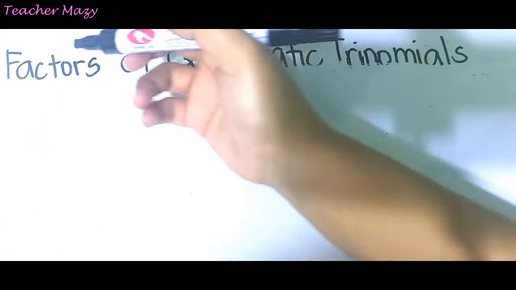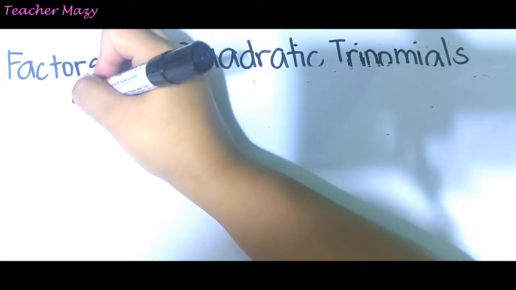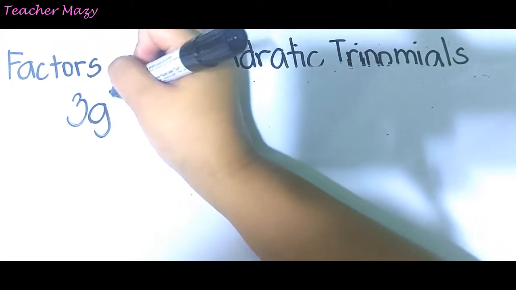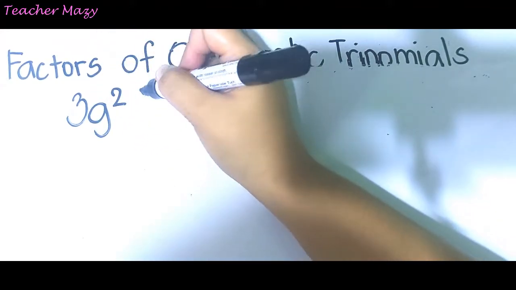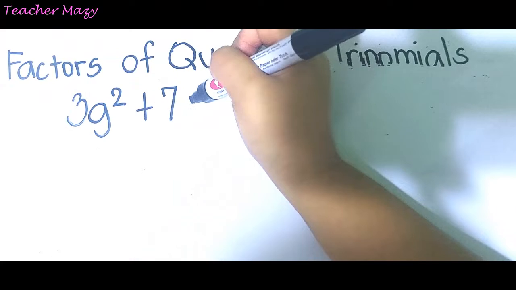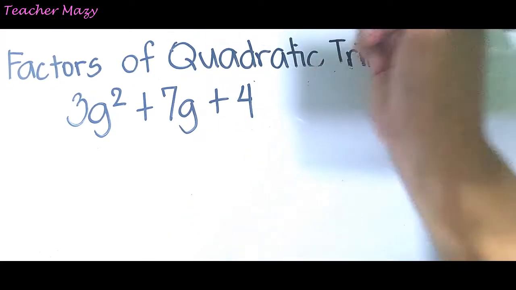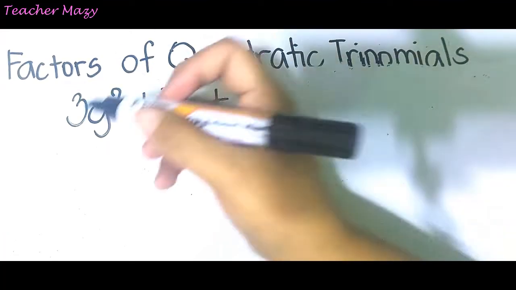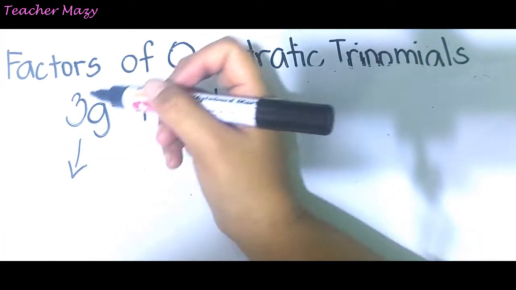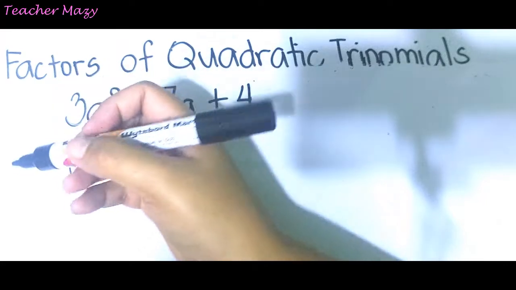Let's have another example: 3g squared plus, let's say, 7g plus 4. Again, step 1, we need to write the factors for our first term.